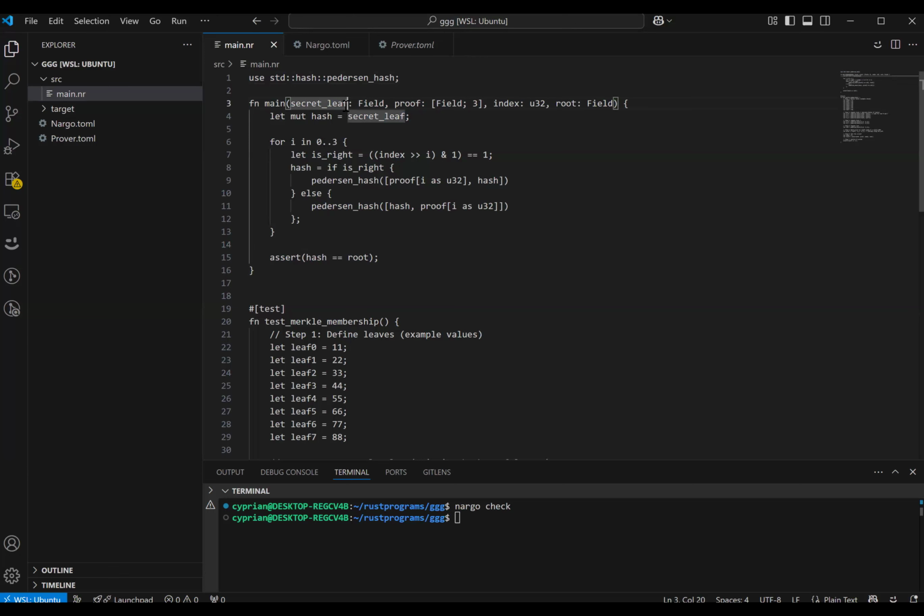Now look at the secret leaf. It's not private, it's not public, because we do not have the word pub here. And then you have the proof. We have the index, which is a u32. And then we have the root.